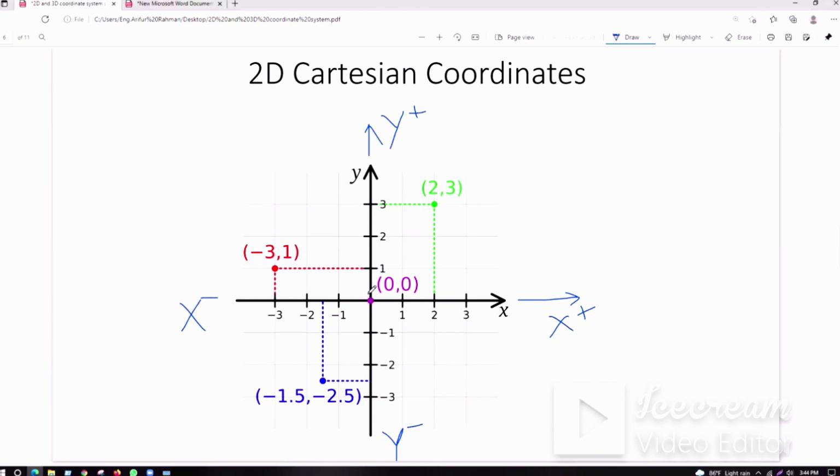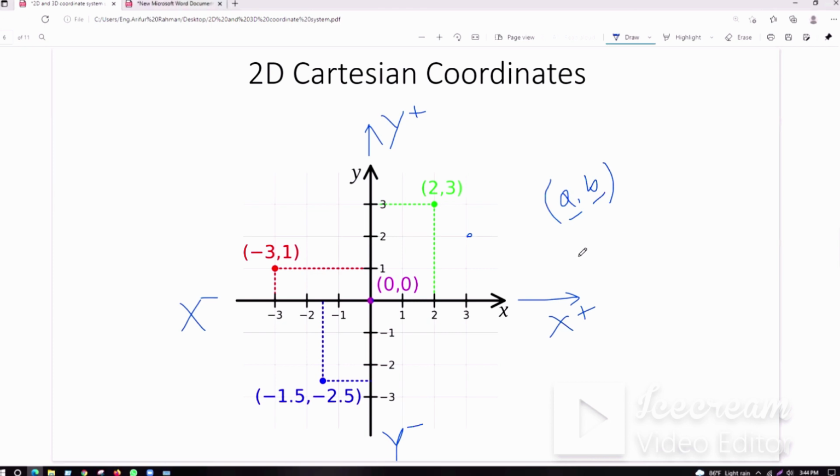It's very important to mention here that the origin is 0, 0. So we have to mention two numbers, say for example a and b, to refer to any point on these coordinates. We call the first number the abscissa and the second one the ordinate.